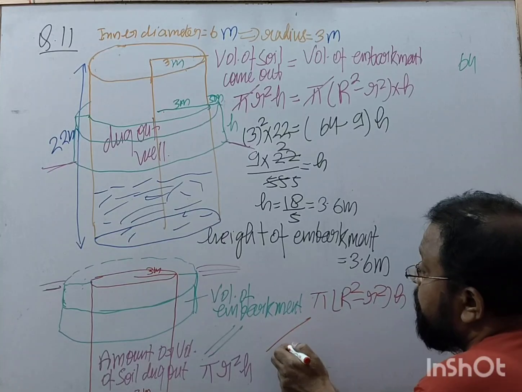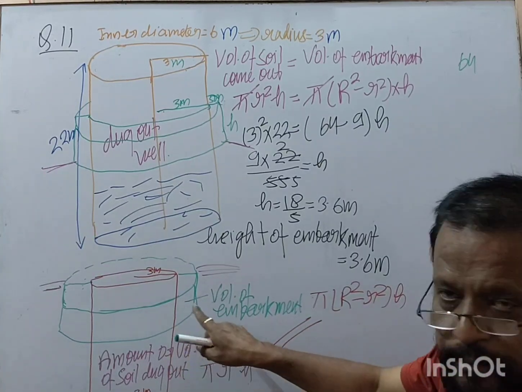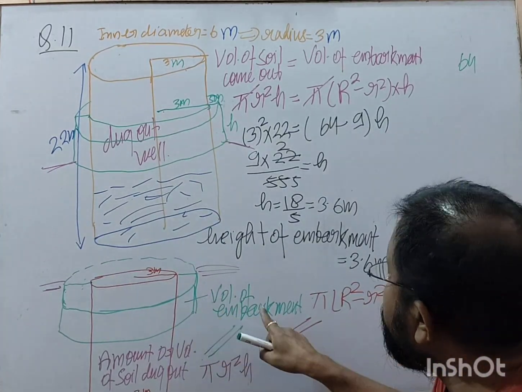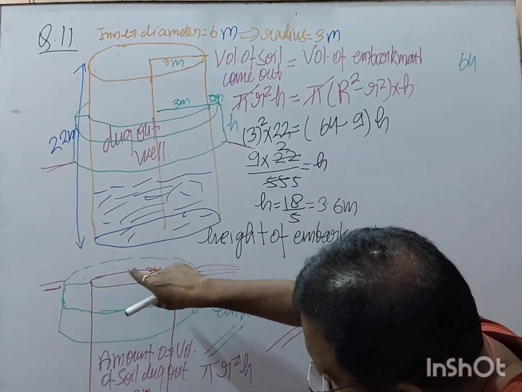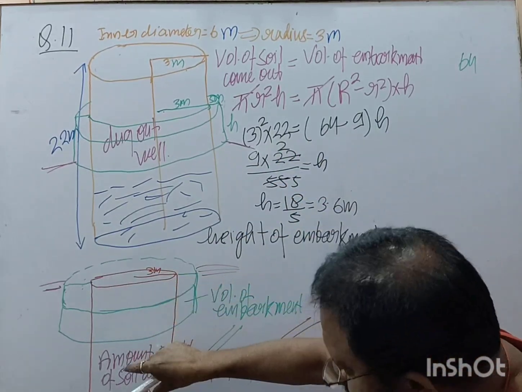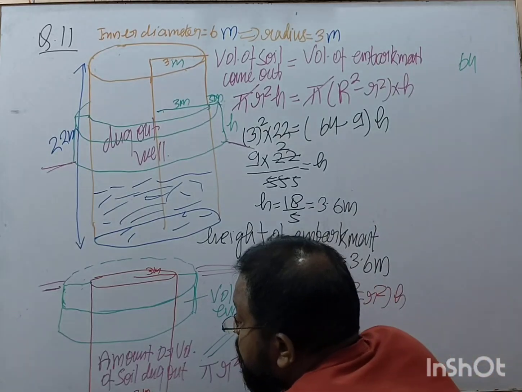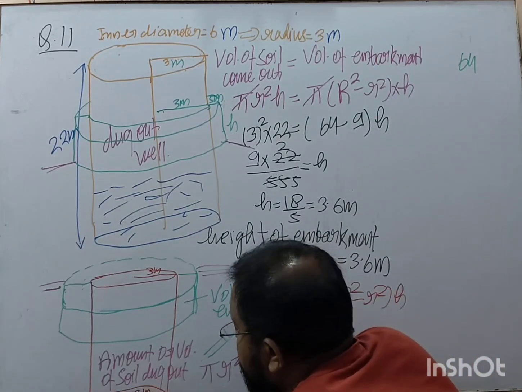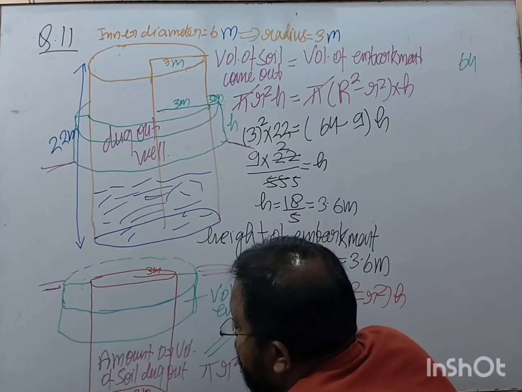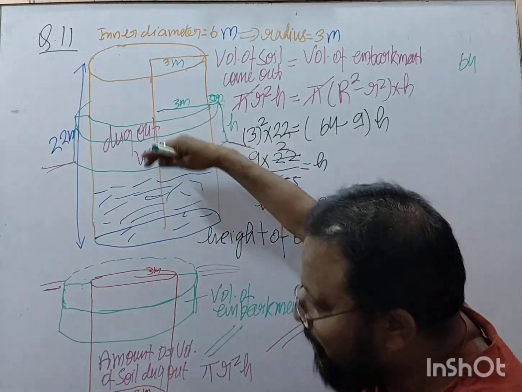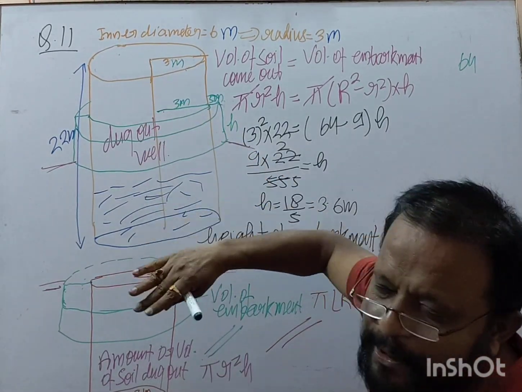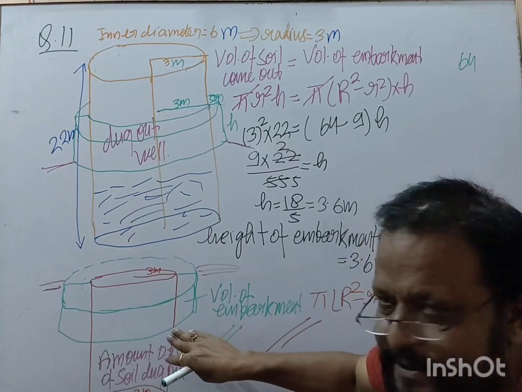They both will be the same. So what we have done here is like this, but the diagram should be like this because we are digging out soil from inside, right? And if we are making it a little bit up, the soil will come from here, so it is a little bit wrong, but the understanding is like this.